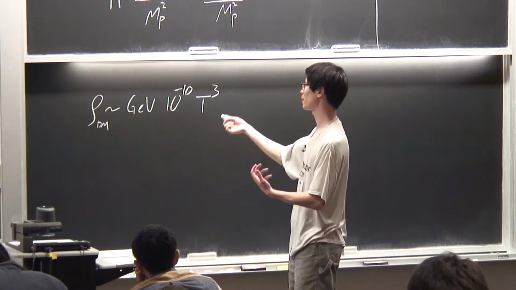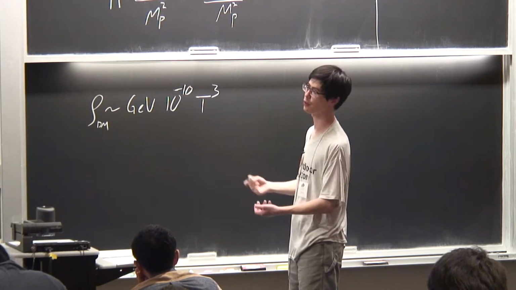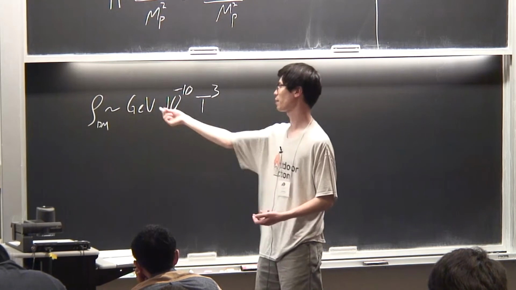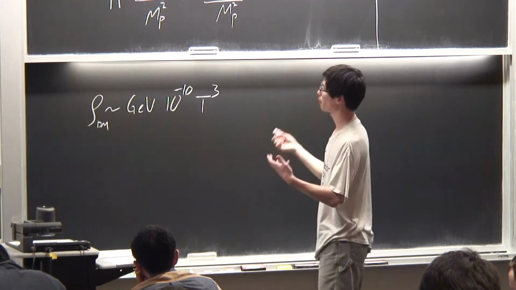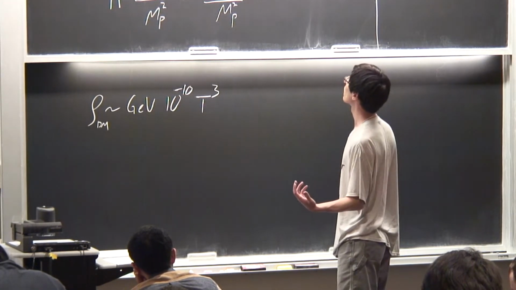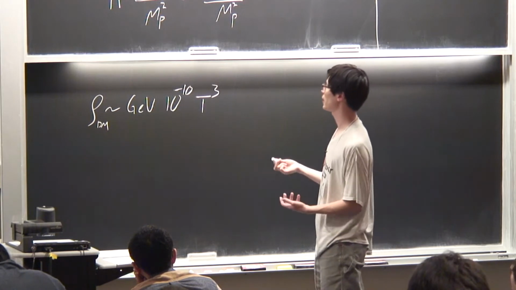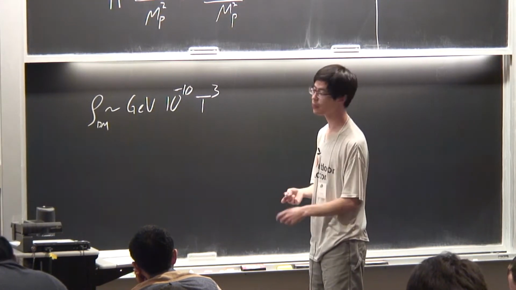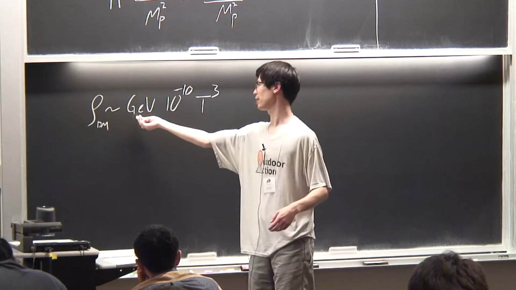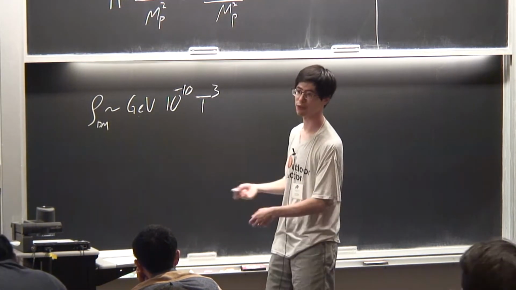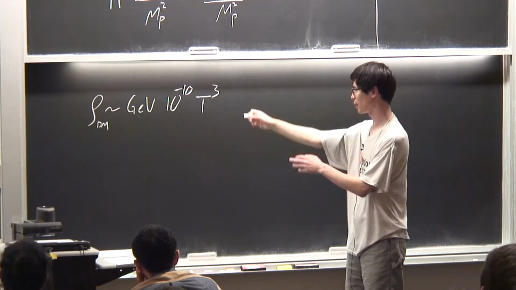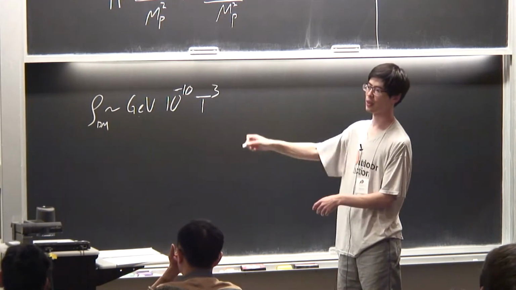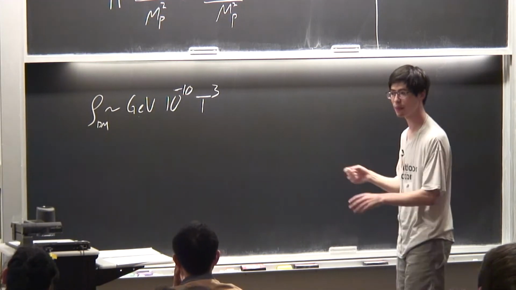In other words, it's 10 to the minus 10 times the number density of photons, which is T cubed, and it has a mass of a GeV. Another way of doing this is that you want matter-radiation equality to happen around an eV. That's why GeV times this 10 to the minus 10 is roughly an eV. Because I'm forgetting order 1 numbers, they aren't exactly the same.